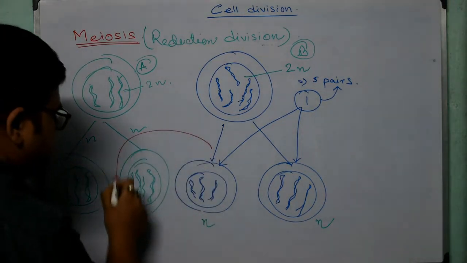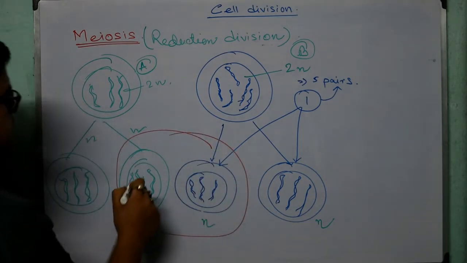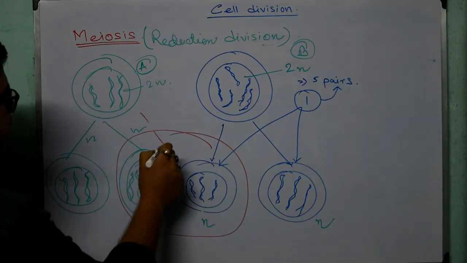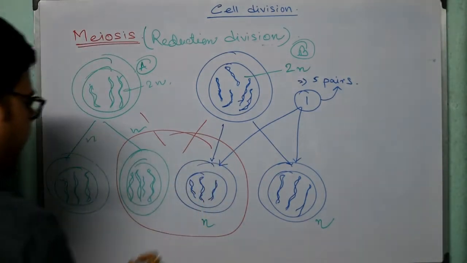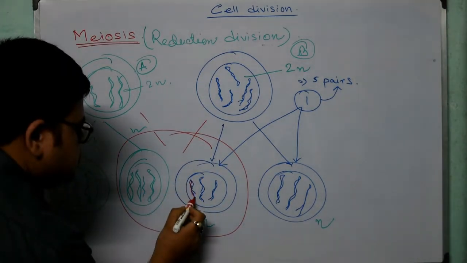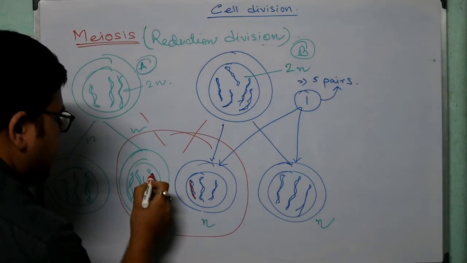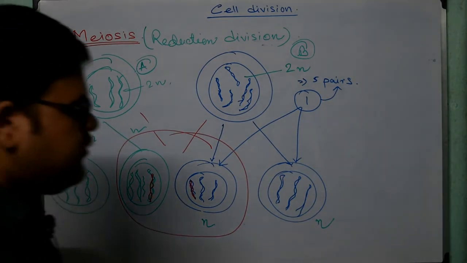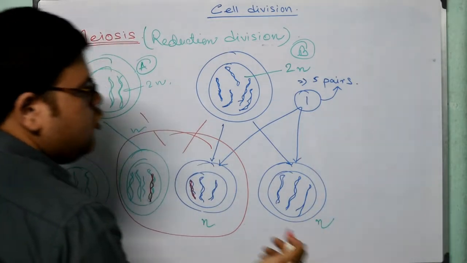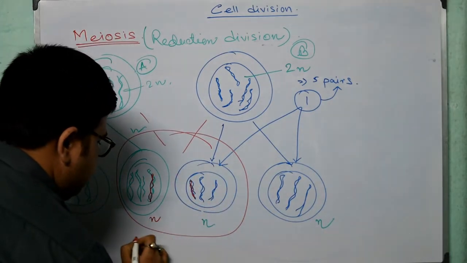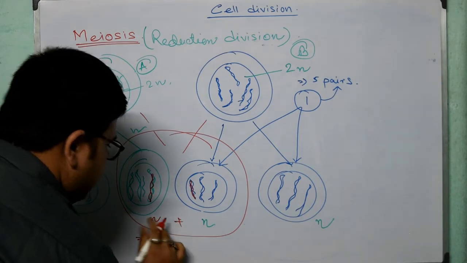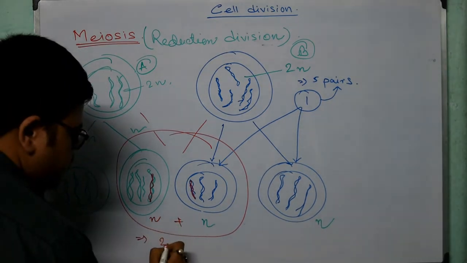Now these two cells, one is from parent A, another one is from parent B, get fused together, and these chromosomes get altered and they form a new cell which consists of the same number, that would be n plus n, and it would be 2n.